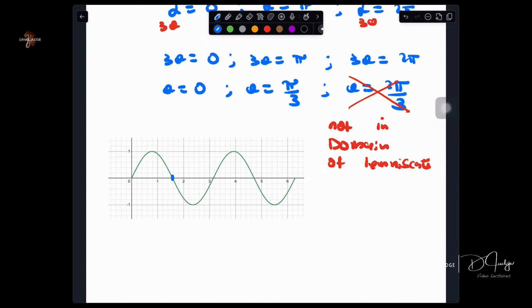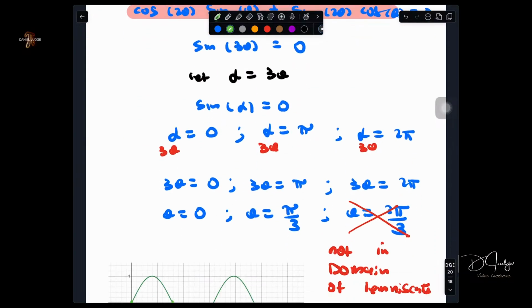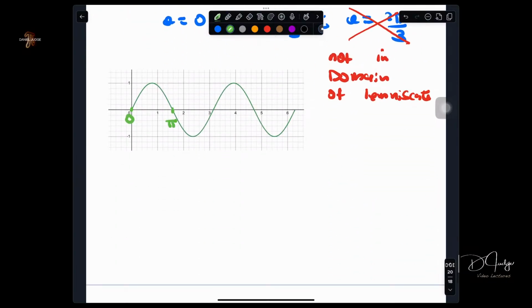So I'm just going to look at the graph here, put it in green. This is where 0 is. I believe that's pi over 2. This is pi. 2 pi.